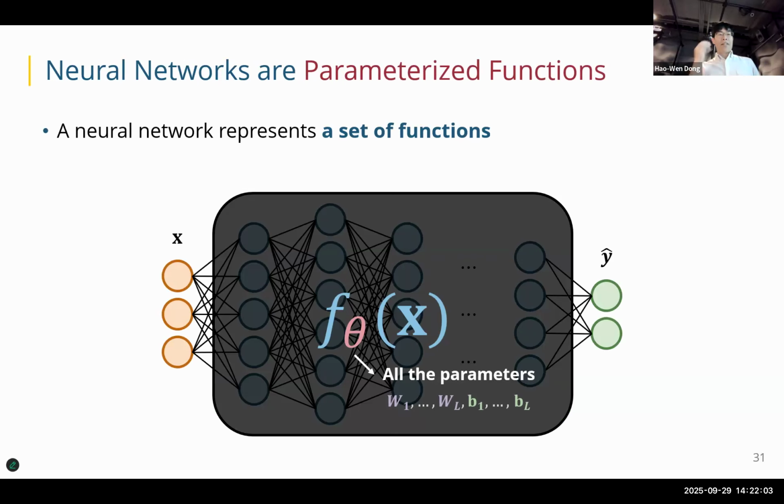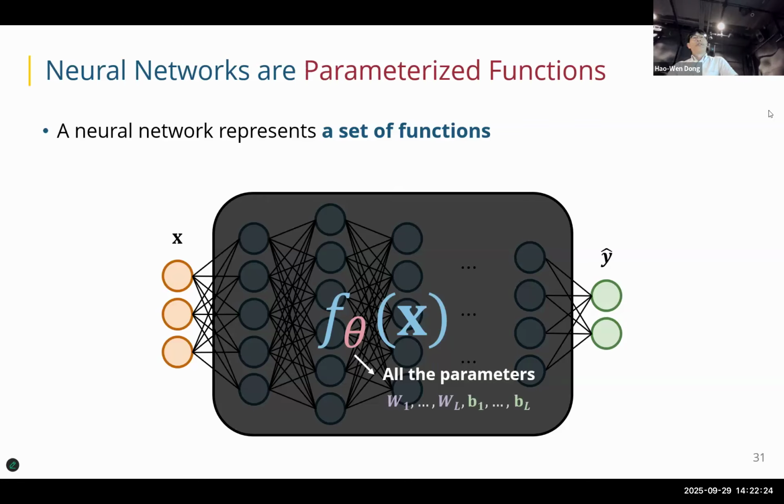In this case, we have X and we go through this big set of functions. Each single combination of the parameters will give you a specific function. Some of those are good, some of those are bad. Now you see that this Y has a hat.